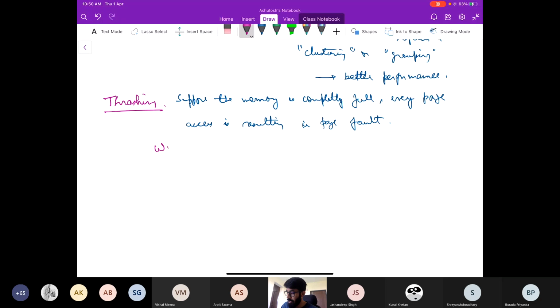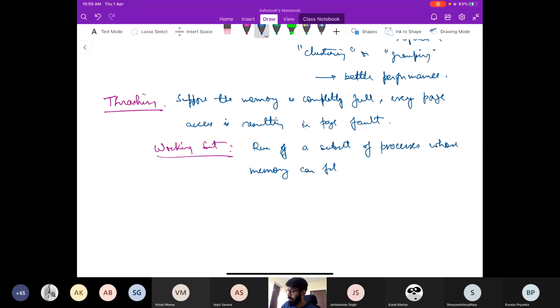One is called working set: run a subset of processes whose memory can fit in the physical memory, and make some progress.